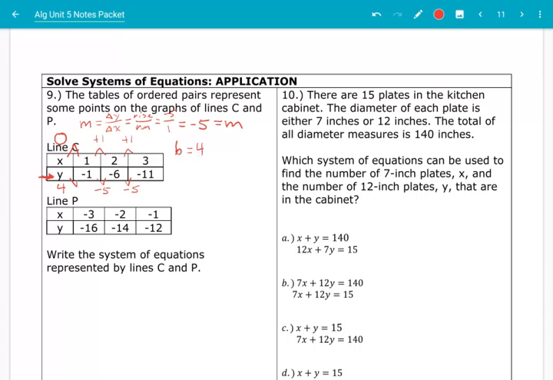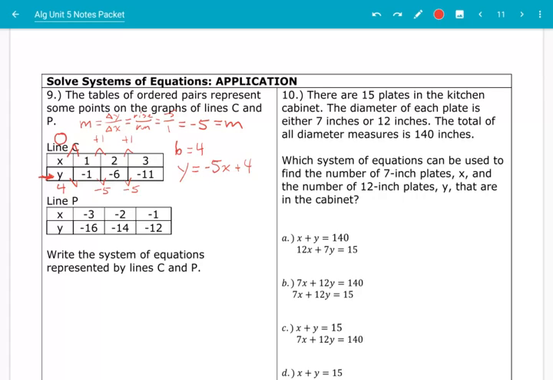So now I can put this equation in slope-intercept form. y equals the slope, which is -5, times x plus 4. So here's my first equation. Now we need it in standard form to put it in a system of equations because we're going to solve using elimination.